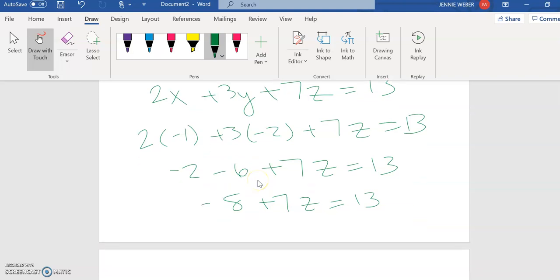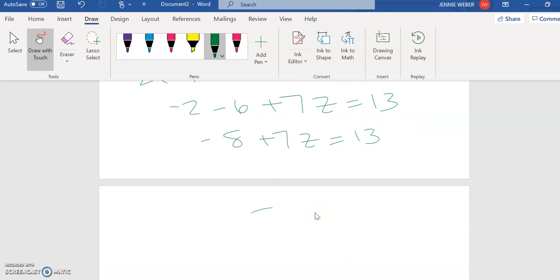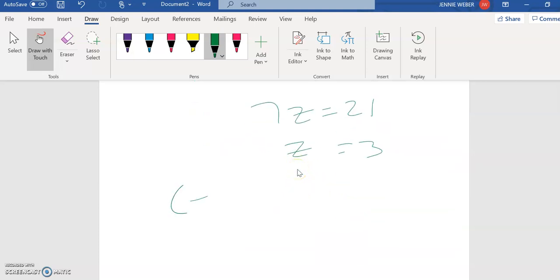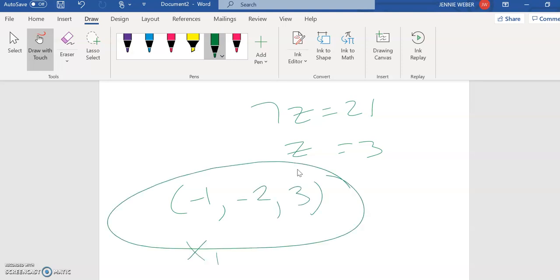And then 13 plus 8 gives me 21. So 7z equals 21, so z equals 3. So then my solution is -1, -2, 3. And we write it as an ordered pair, x, y, z.